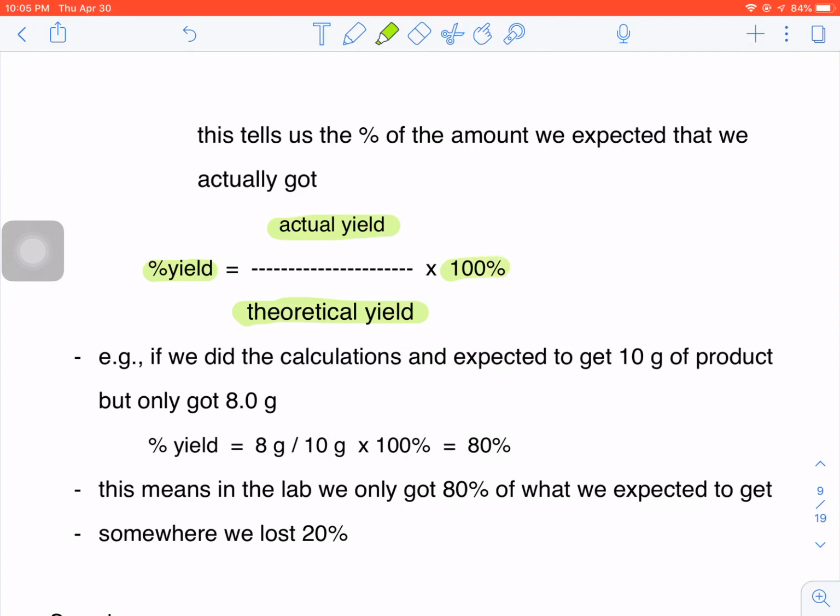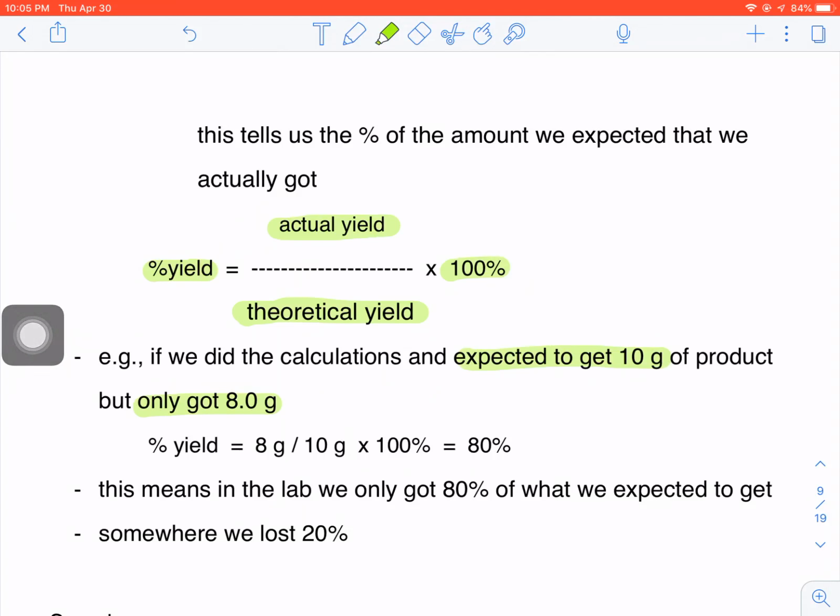So if I was expecting to get 10 grams of product, but when I did the lab I only got 8 grams, my actual yield on top is 8 grams. My theoretical yield, what I'm supposed to get, goes in the bottom, 10 grams, times 100, which tells me I got 80% of what I expected to get.